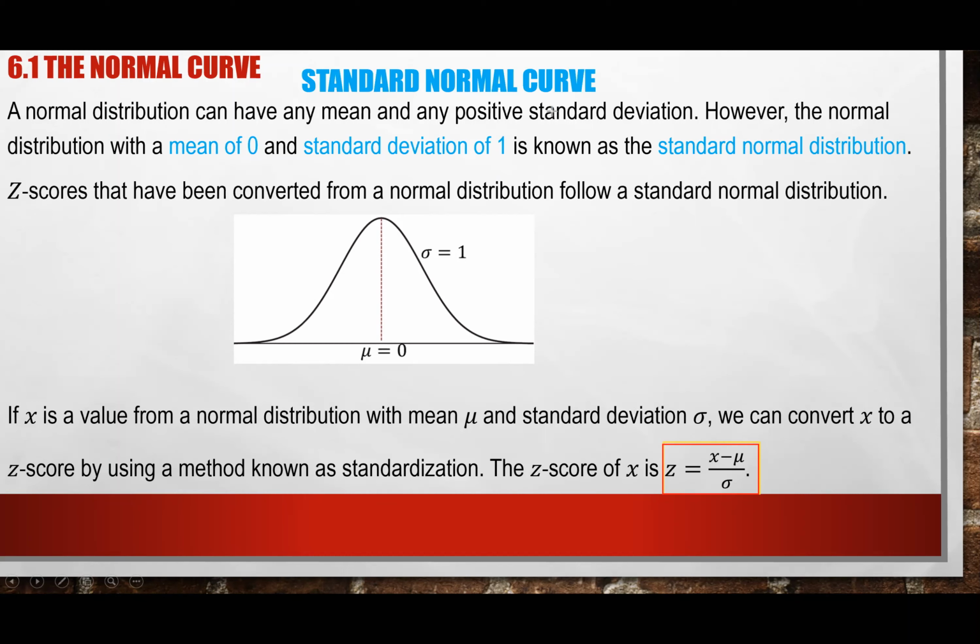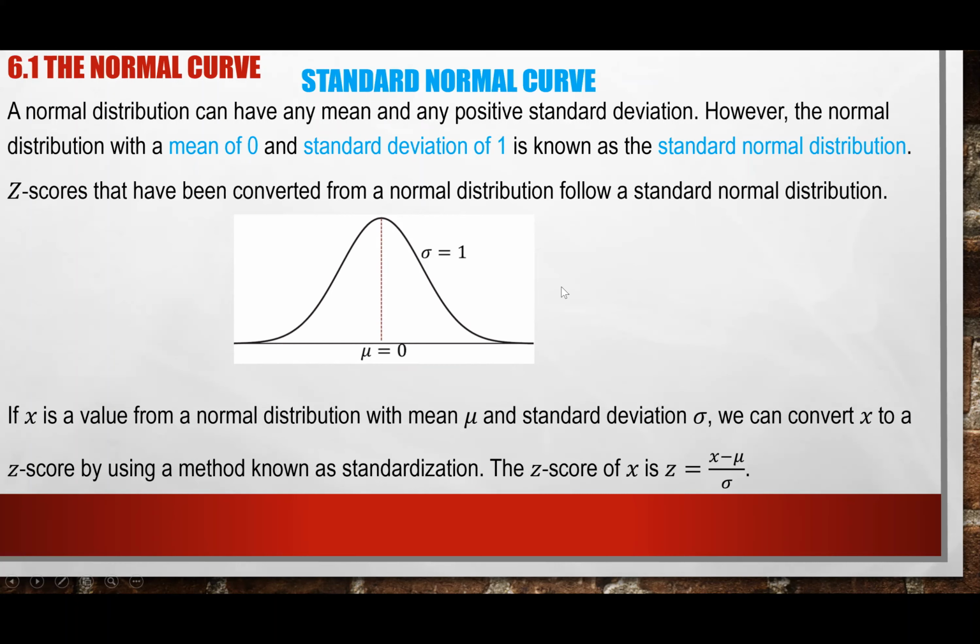The main key here is that if your data says it's a standard normal distribution, you have to remember that mu, your mean, is equal to 0 and your standard deviation is equal to 1.